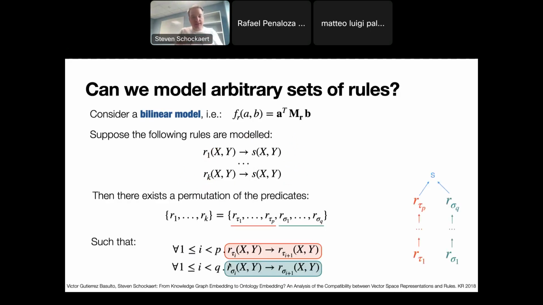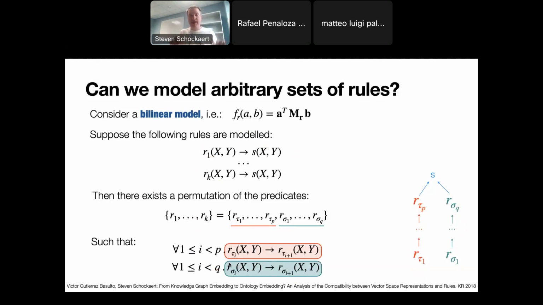Now, it turns out that any representation using convex regions is such that we can partition the set of relations R1 to Rk in two groups where these relationships hold. It's easiest to see here on the diagram. Whenever these rules are satisfied, we have basically two chains of relations that specialize each other.